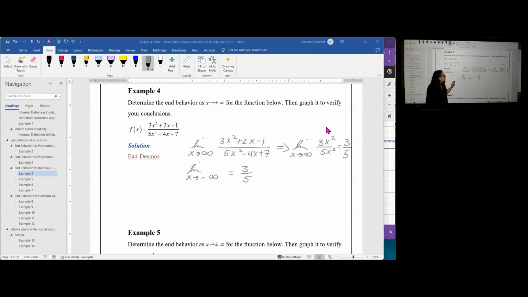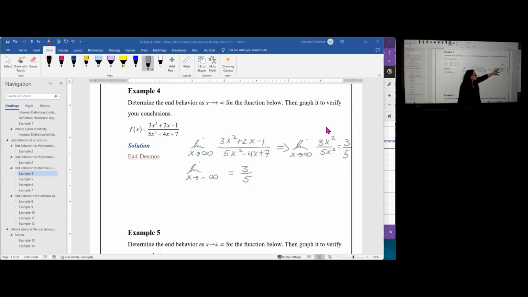On this particular problem, the limit as x approaches infinity of the ratio of 3x squared plus 2x minus 1 to a denominator of 5x squared minus 4x plus 7 is not equal to, don't put equals here, put an arrow, approaches the graph of 3x squared over 5x squared, the highest degree term in the numerator and the highest degree term in the denominator.